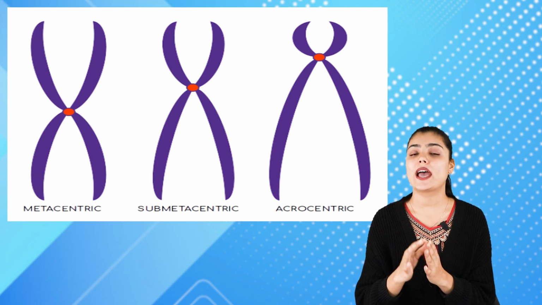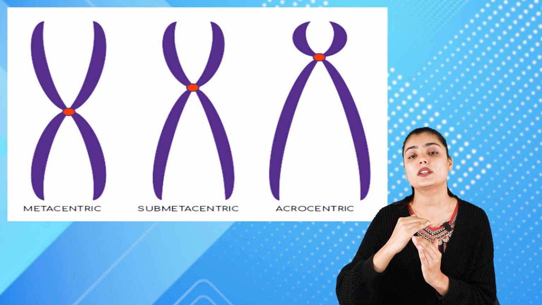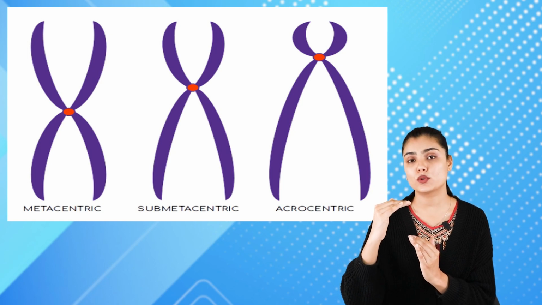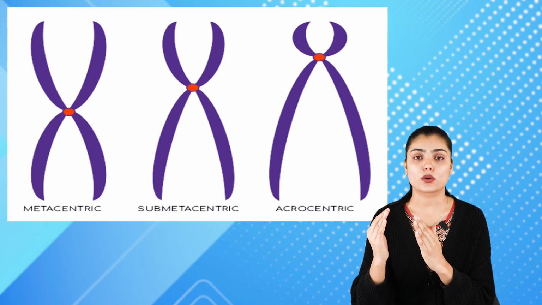And the last one is where the centromere is present towards the end of the chromosome. I hope you've understood what a chromosome is, what chromatin is, and what a centromere is, and how, according to the location of the centromere, we get three different types of chromosome.